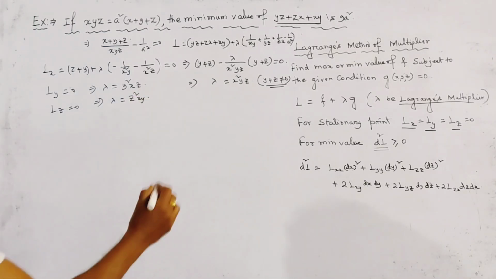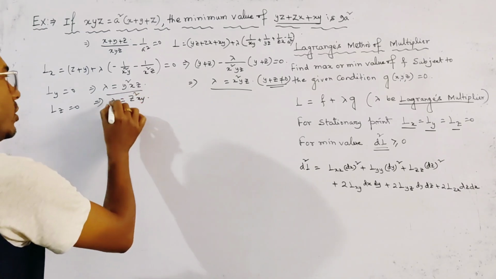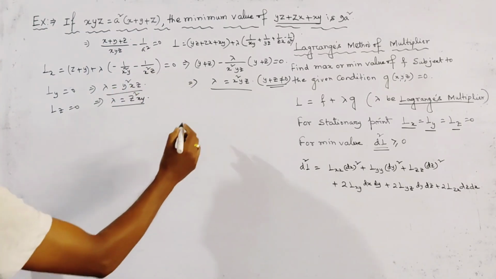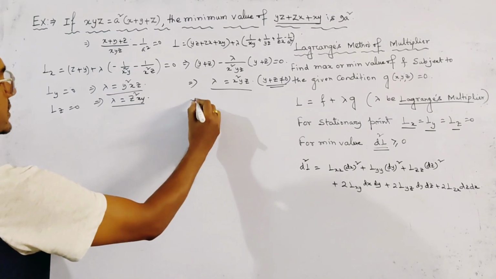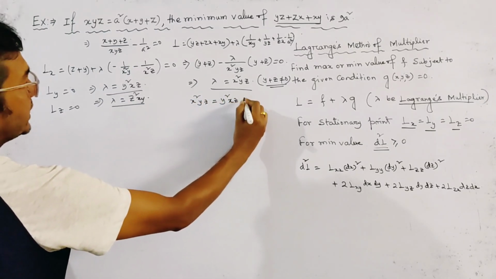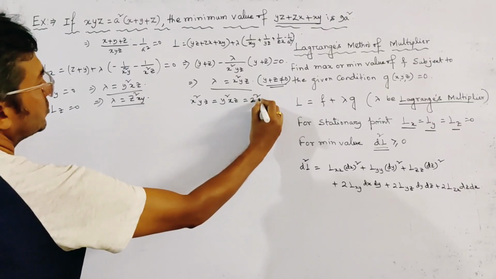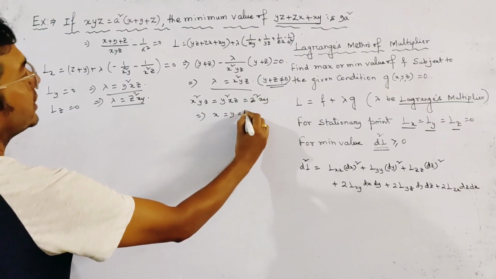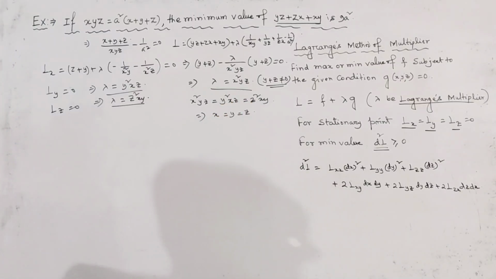Since all three are the value of lambda, we can equate them, getting x square yz equals y square xz equals z square xy, and this gives x equals y equals z.